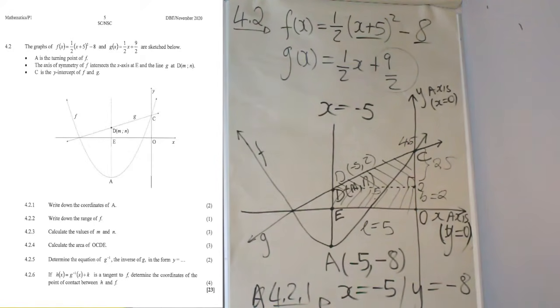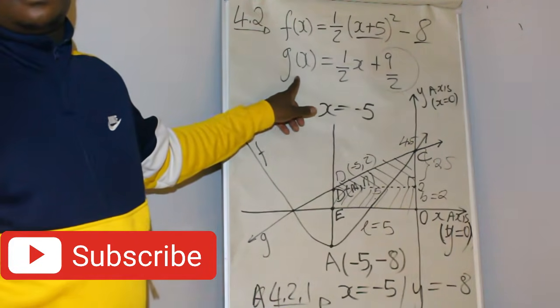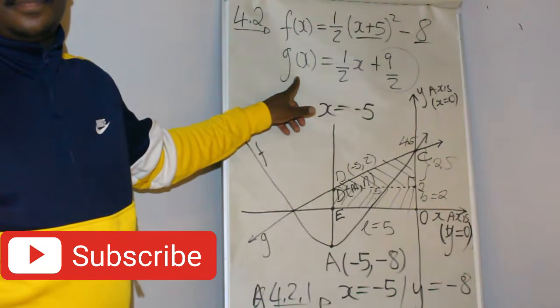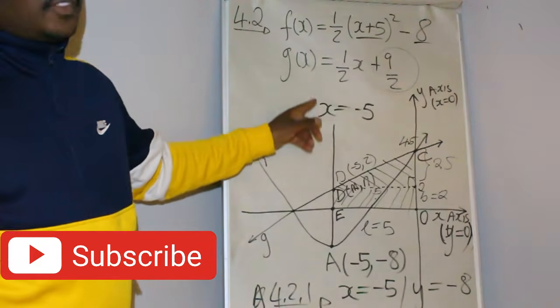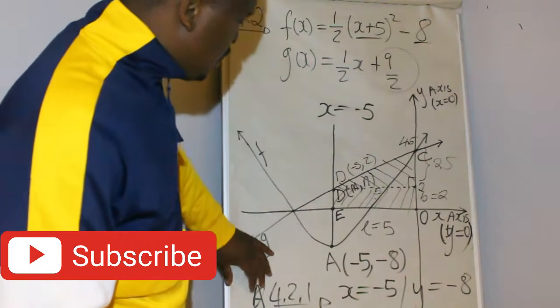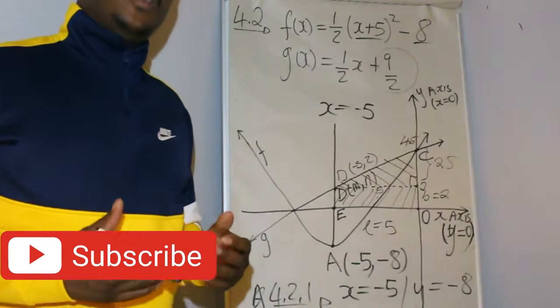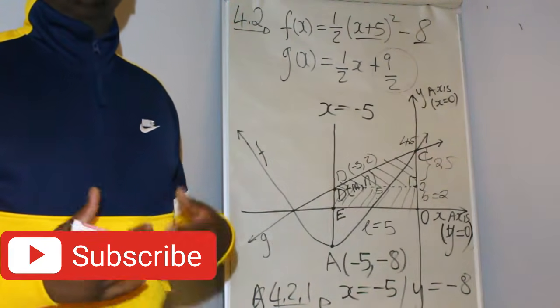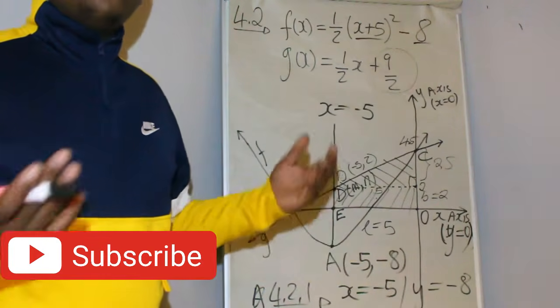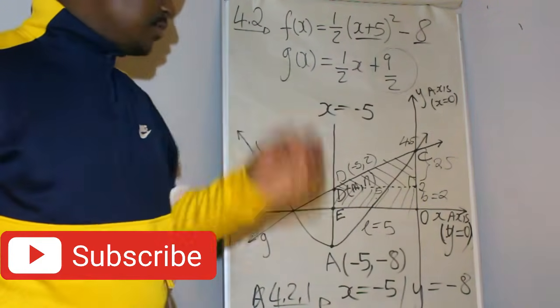So they want us to find the inverse of this function. What is the inverse of a function? An inverse of a function is more like you are looking for the mirror image of that function.